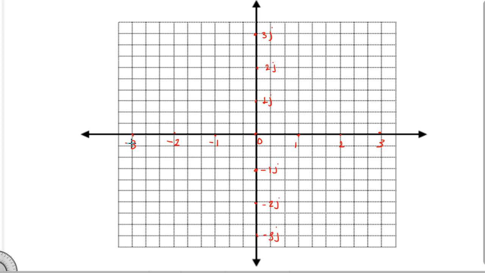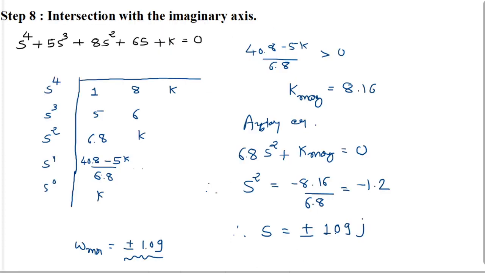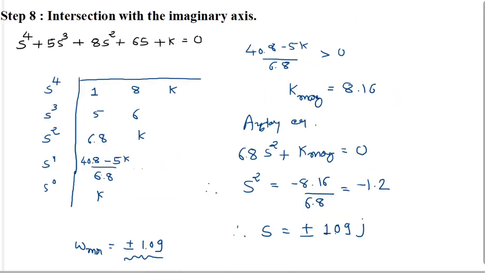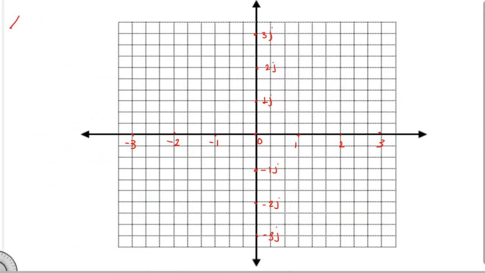Now we know that our centroid is minus 1.25. I'm just writing here sigma c, that is minus 1.25. Then our valid breakaway point, sigma b, is minus 2.3.